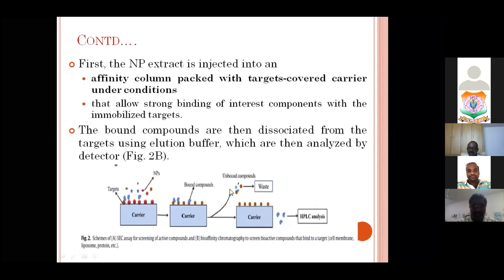Then after that, elution, with the help of elution buffer, they are going to remove the unbound compounds, which act as waste, and the bound compounds which are on the targets, they are going to isolate by using some other techniques. Then these are the active constituents which they are going to analyze by using HPLC. This is the basic principle in bioaffinity chromatography techniques.